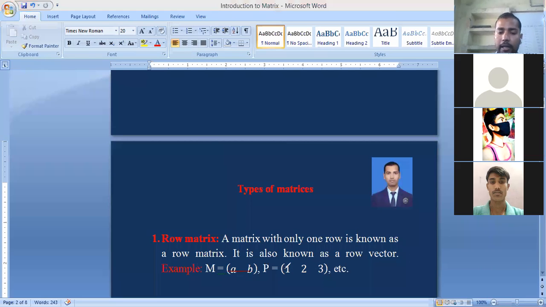Such numbers are given in one row, not in a column. If we find such matrices, we consider them row matrices.